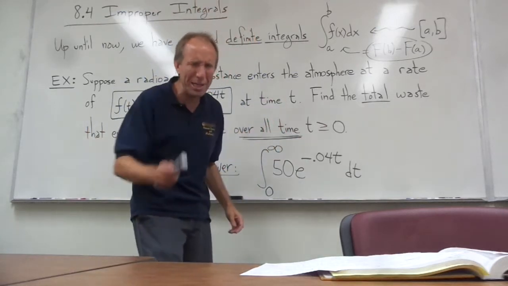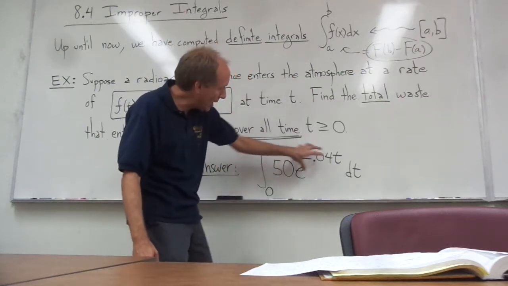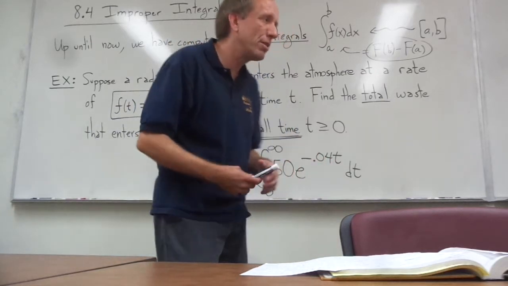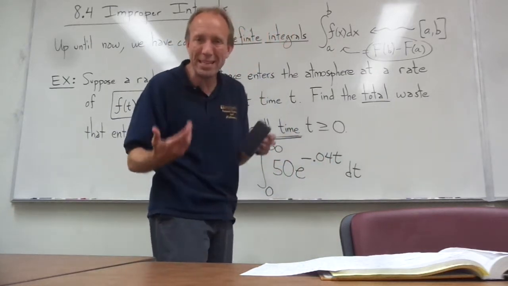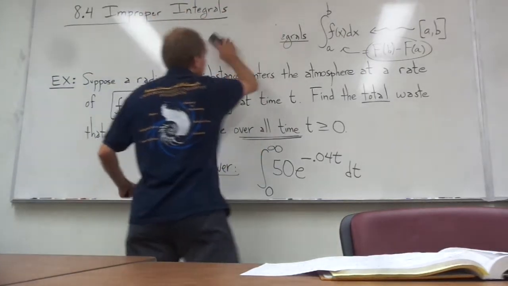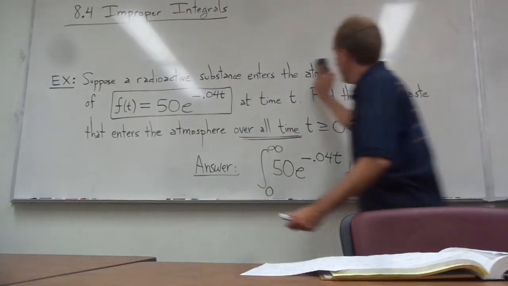I'm going to show you in a minute. You can't really plug in infinity. I can find an antiderivative here, but plugging infinity into an antiderivative is something that doesn't really make sense. So let me talk a little more about how we would handle something like this. And this example shows you where it might come up.